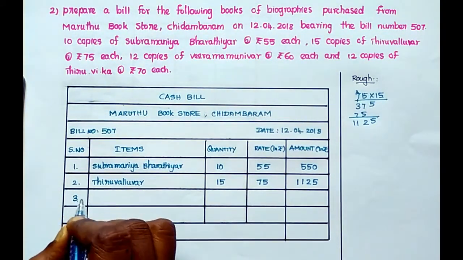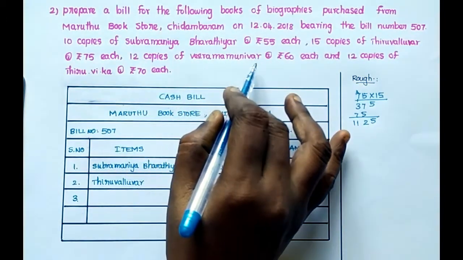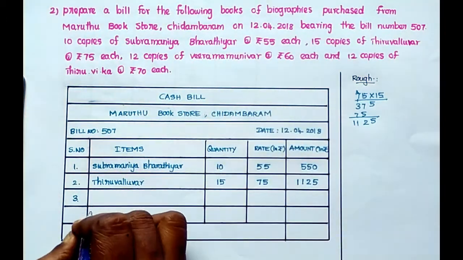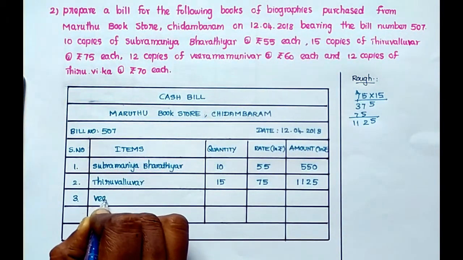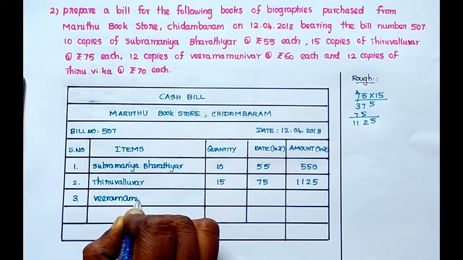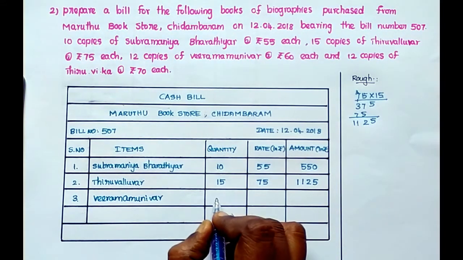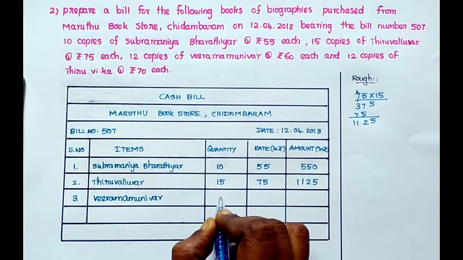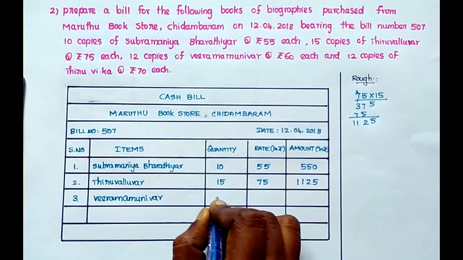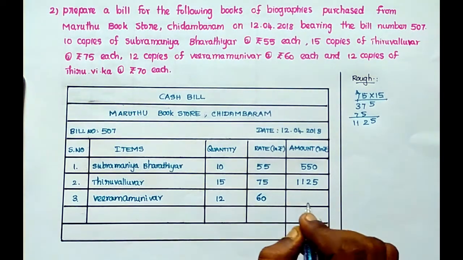Next one, 12 copies of Veerama Munivar at 60 rupees. One copy is 60 rupees.